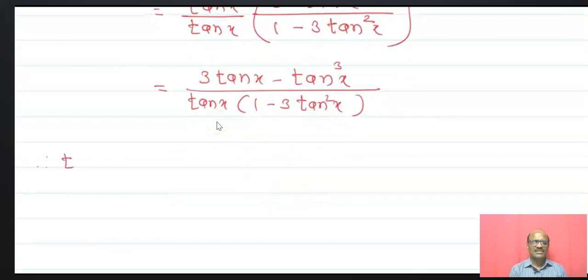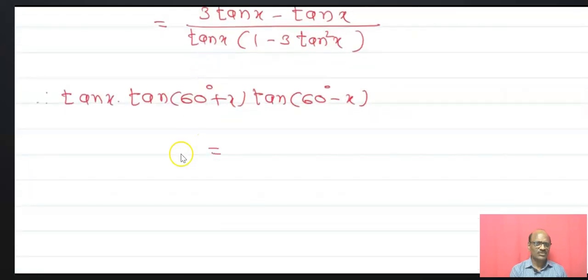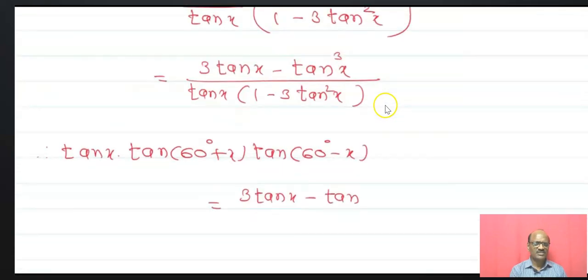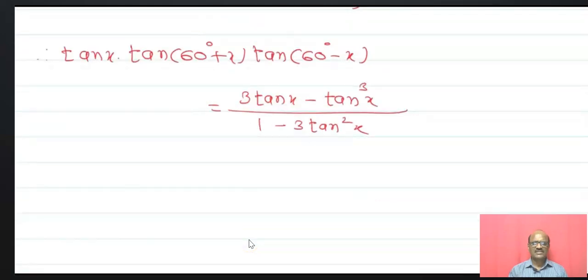Now, therefore, tan x into tan of 60 divided by tan x. So, right hand side like that. Left hand side like that: tan x into tan of 60 plus x into tan of 60 minus x is equal to 3 tan x minus tan cube x upon 1 minus 3 tan square x. Now by using this result, we will prove our example.